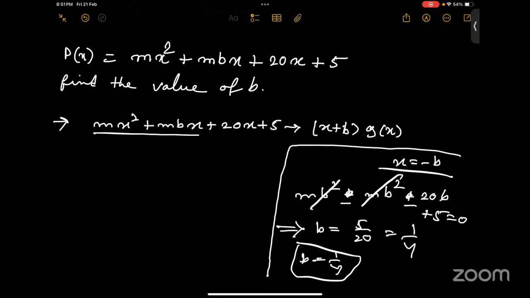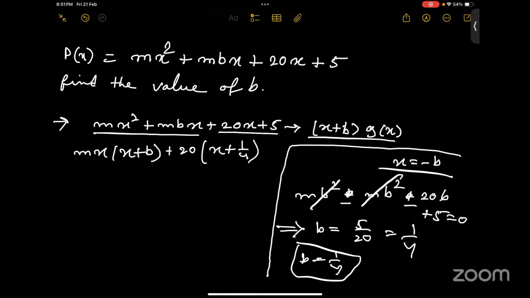So the thing is, if x plus b is a factor, that means we can express this equation in this form, right? Now, if I take common mx, then we will get x plus b. Then from this factor, we should also get some x plus b, right? So that we can take x plus b as common. So we can take 20, then we will get x plus 1 over 4.